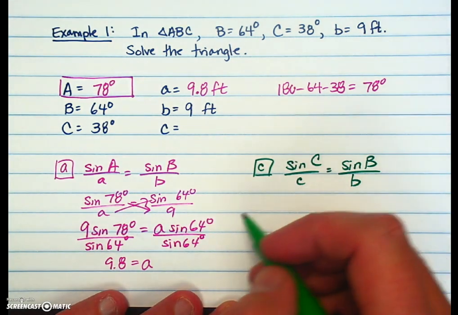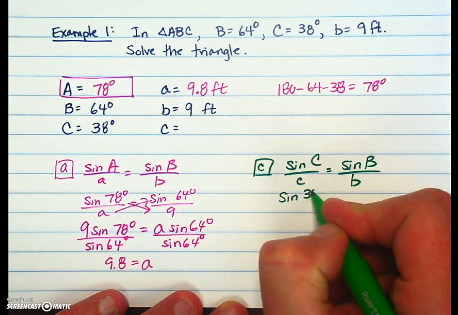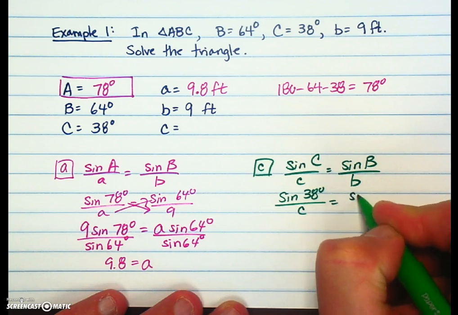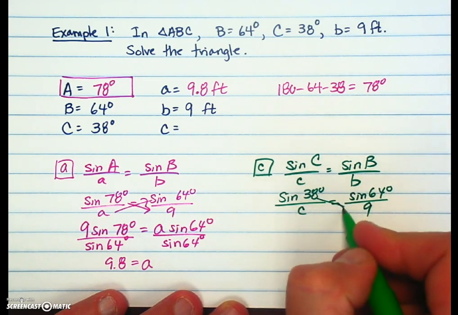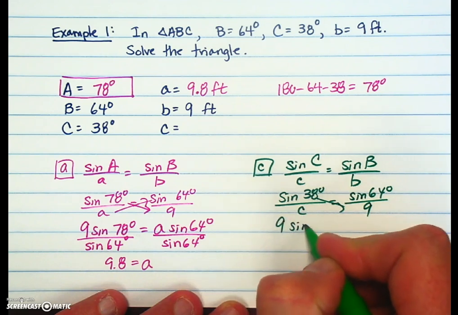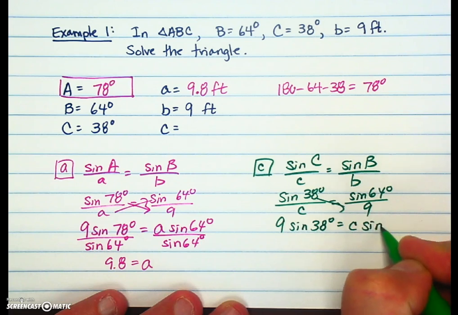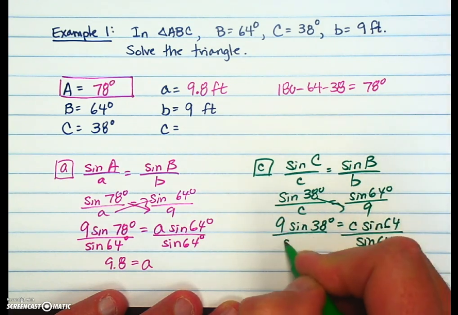It works the same way, except instead of A, I'm using C. So sine of 38 over c equals sine of 64 over 9. Again, cross multiply: 9 sine of 38 equals c sine of 64. Divide by the sine of 64.